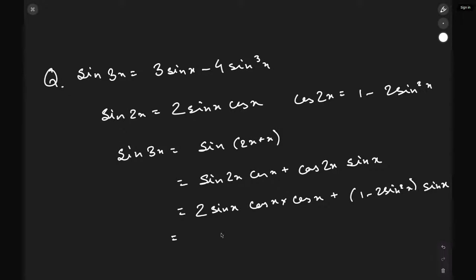So 2 sin x cos square x plus 1 minus 2 sin square x times sin x can be written as sin x minus 2 sin cube x.